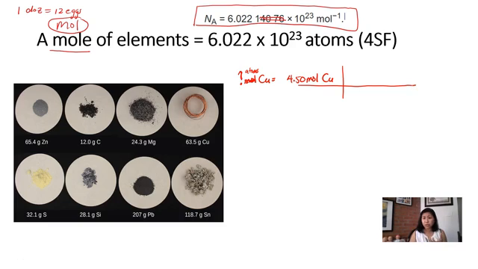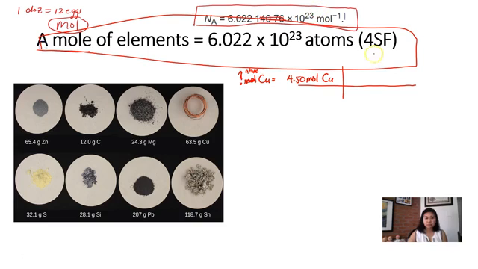All right, so how do we convert this? Given a collective group, mole, to its individual pieces, you're going to need Avogadro's number. You're going to need this information right here as your conversion factor. We know that a mole of any substance, in this case copper, contains 6.022 times 10 to the power of 23 copper atoms.